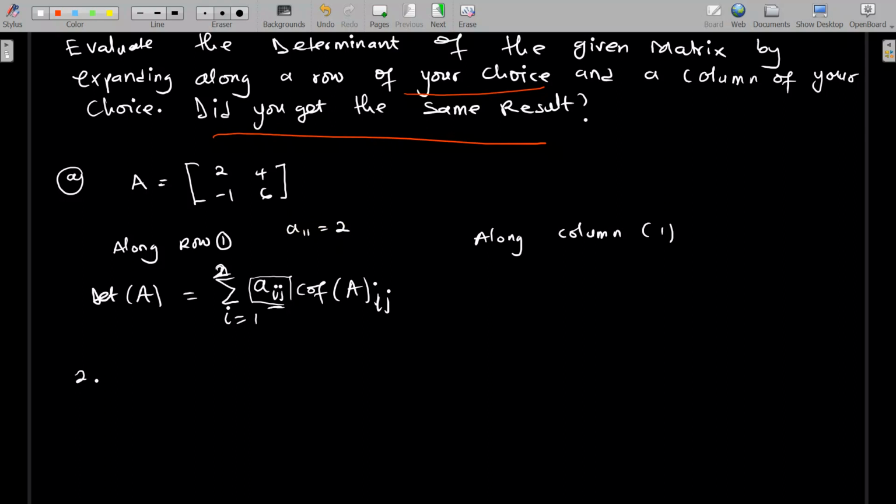So the cofactor is given by -1 to the power 1 plus 1, that is the sum of the i and j components, times the determinant you get after deleting row i and column j. You have 1 and 1 for both i and j, so you delete column 1 and row 1, and the matrix that will be left has the only entry 6.